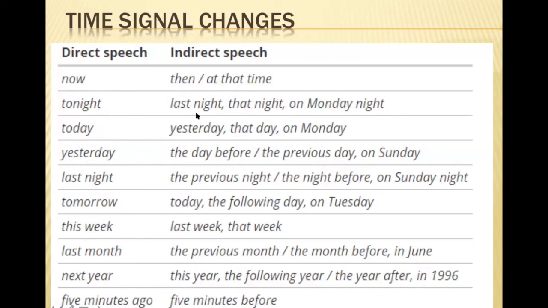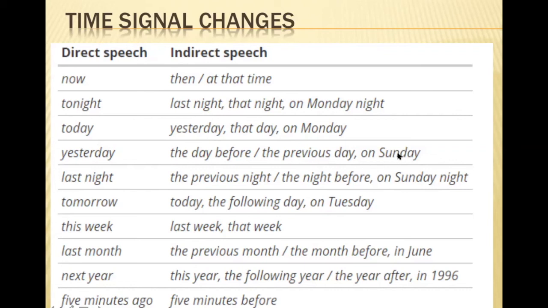Tonight, last night, that night, on Monday night. This one is optional depending on the day. Okay, if it's today in the direct speech, then in the indirect speech it should be using yesterday or that day. Okay, and then if it's yesterday, it should be the day before, the previous day, on Sunday.